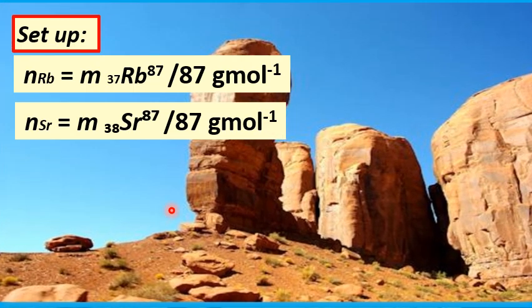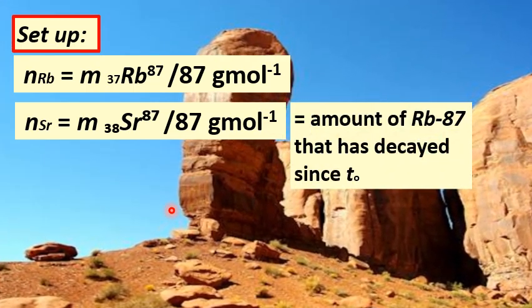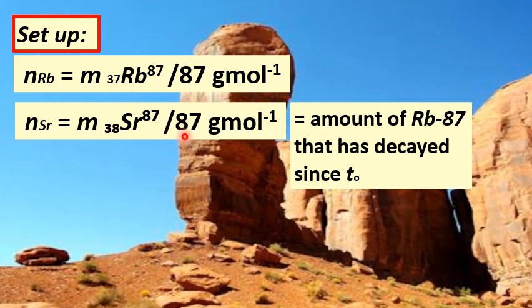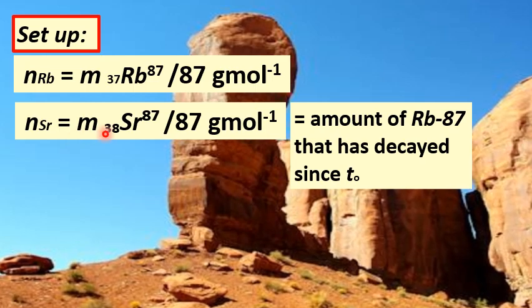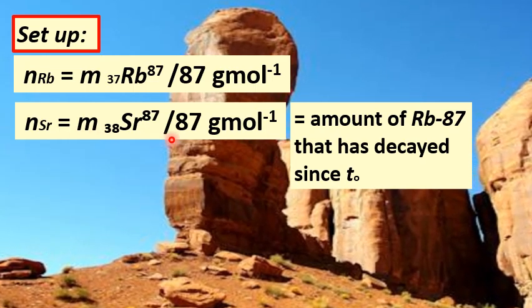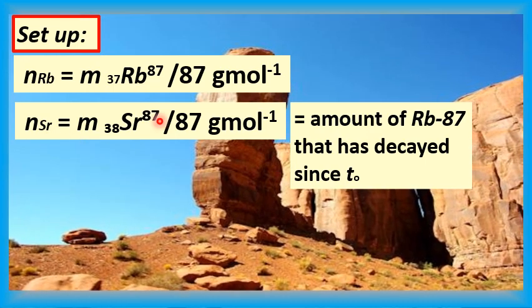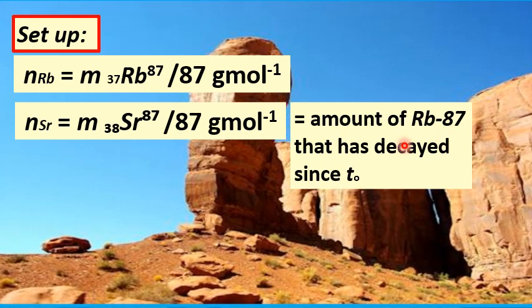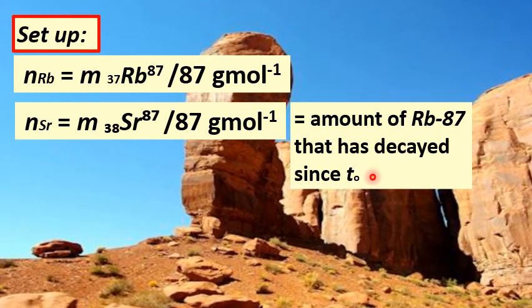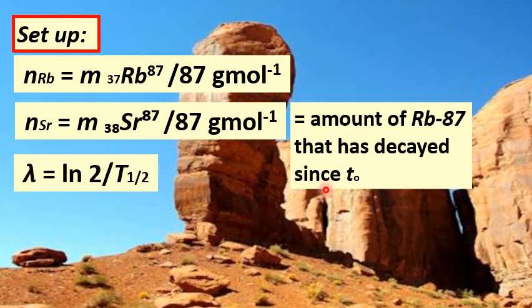So, we also take note that the number of moles of strontium at time t is in fact the amount of rubidium-87 that has decayed since time t0, right?